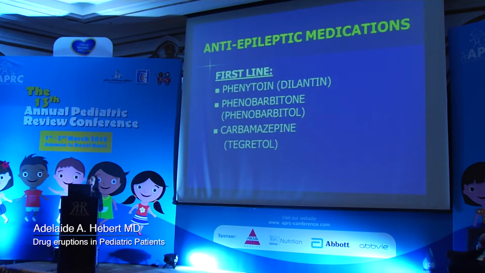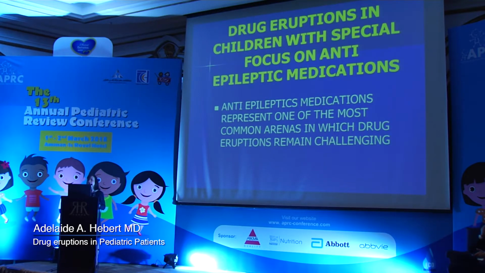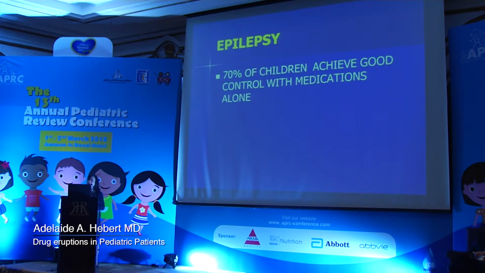So we're going to talk about first-line anti-epileptic medications. We'll talk about phenytoin, phenobarbital, carbamazepine, and I've listed the generic and brand names that we use in the United States. We have talked about the fact that these are some of the most challenging drug eruptions that we actually see, and I'll explain to you and give you photographs to understand why we consider this so significant.